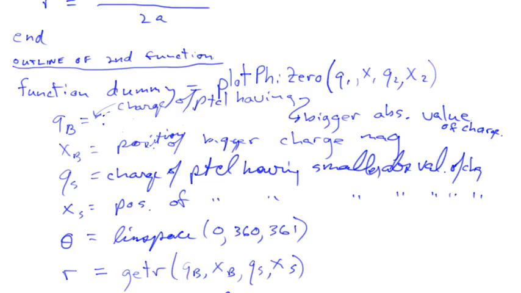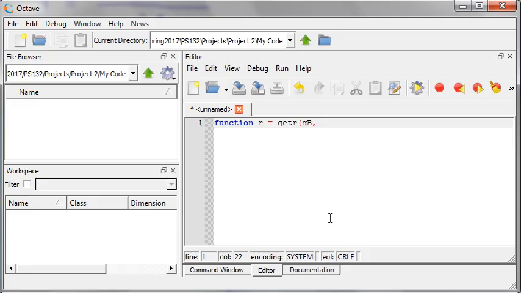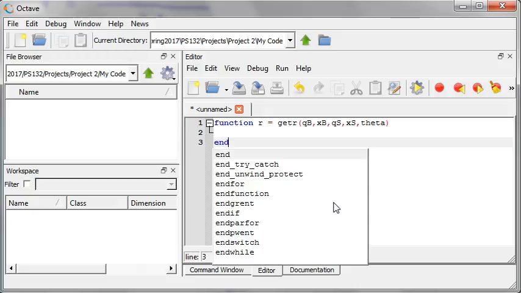I think, yeah, QB, then XB, a QS for the charge of the particle that's got the smaller magnitude of charge, and XS, and an angle. And I'm going to go ahead and type in the word end so I don't forget that.